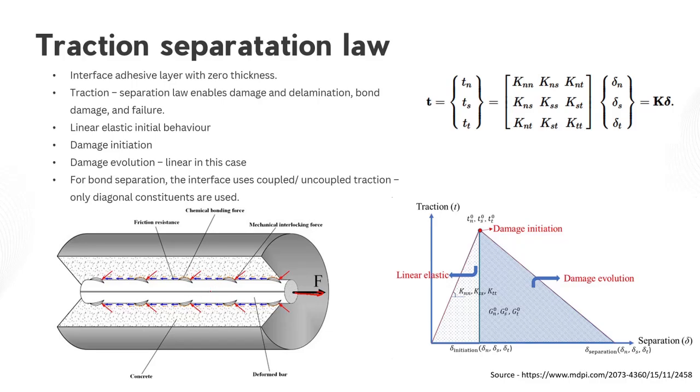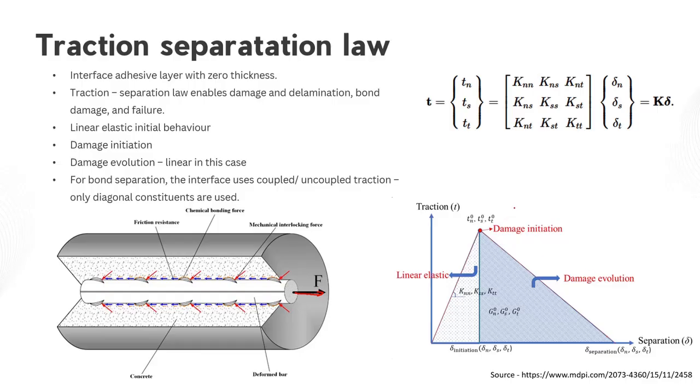those two mixes. So actually, the effects of this friction, chemical bonding, and mechanical interlocking should be transferred into the diagram, where the vertical axis is traction and the horizontal axis is separation.